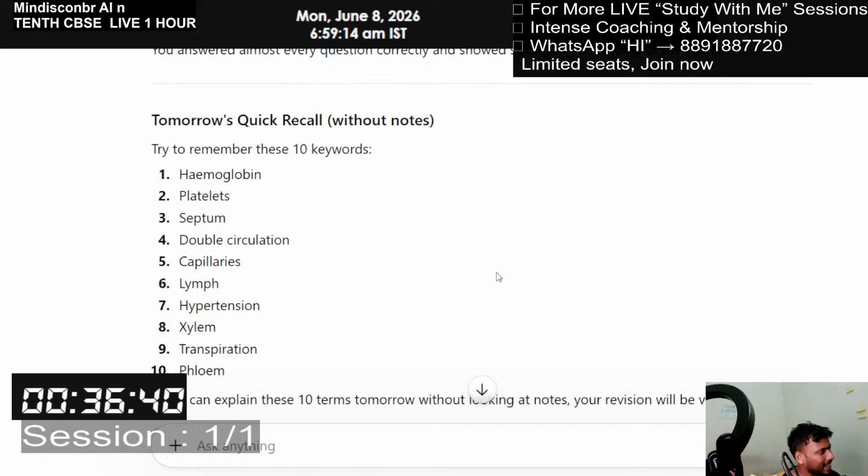Hemoglobin contains iron. Platelets are the substances that help in blood clotting. It's a component of blood. Through platelets, excess blood loss from the body is prevented during an injury.